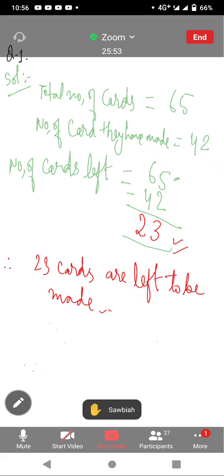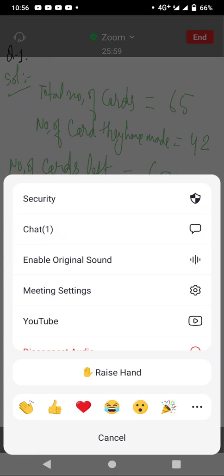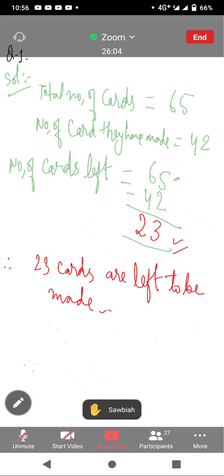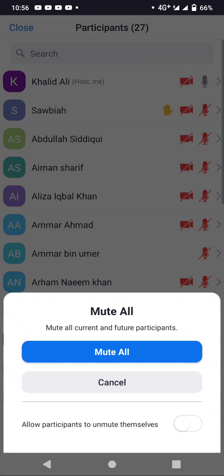Yes, students, you have to write the questions also in your notebook. Have you done, students? You are not writing answers in the chat box.